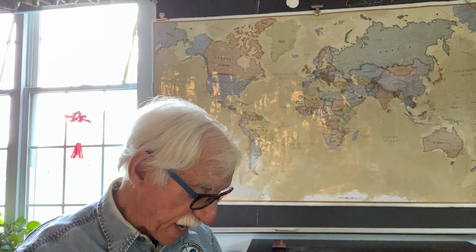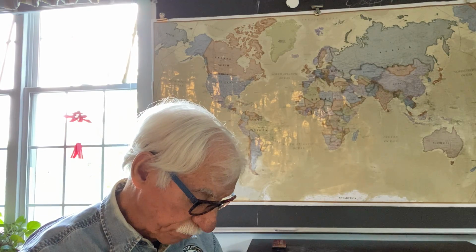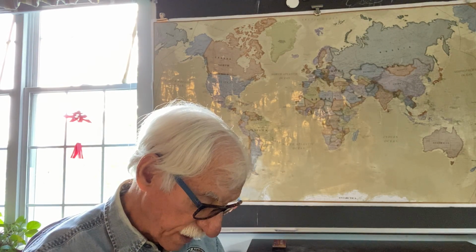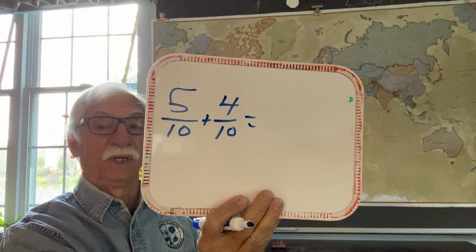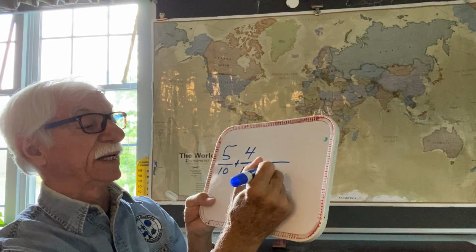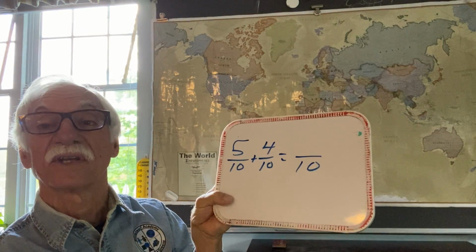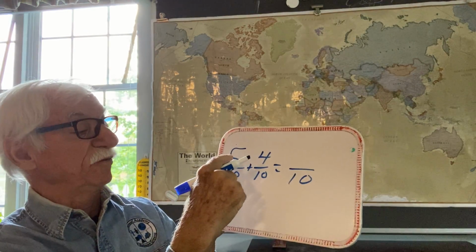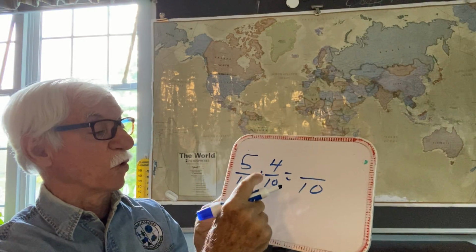So let's go back. So if I have 5 tenths plus 4 tenths in number fractions, we know how to do that. We've got a common denominator, so we can add them. And the answer is going to be something in tenths, isn't it? 5 is the numerator plus 4 in the numerator.